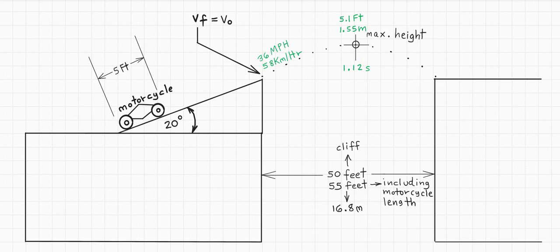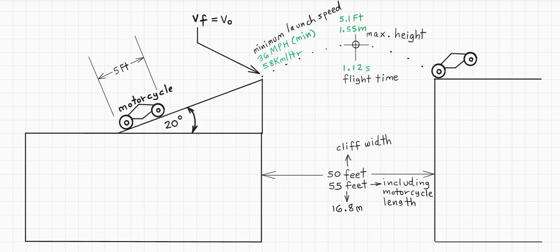Then we rewrite the 50 feet as the cliff width, but we need a 55 feet range, including the length of the motorcycle. So it's a minimum launch speed.